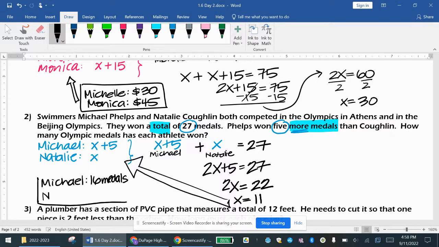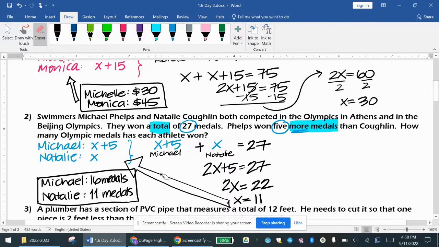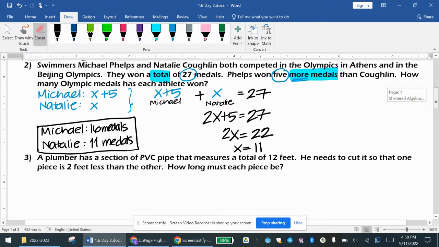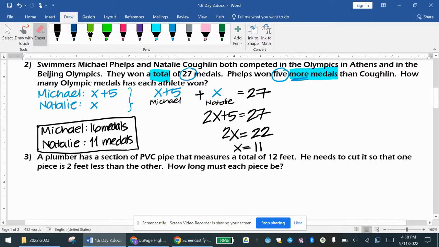And Natalie, whose medals we were representing with x, that's going to be 11 medals. And that's it. So again, we're setting up an equation, solving it, and then once we have our answer, we're going to substitute it back into our original relationship that we established.